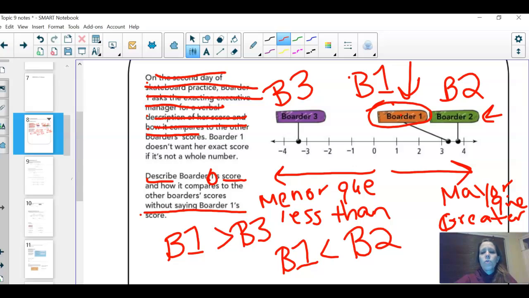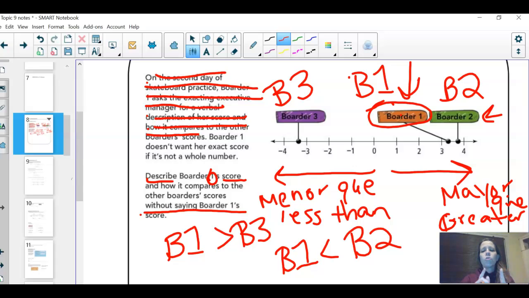In this part, we are going to be comparing two numbers, just like we did in Unit 8. En esta parte, nosotros vamos a comparar dos números, justo como en Unidad 8, okay? So the only difference is that you're going to have to change some fractions to decimals, okay?